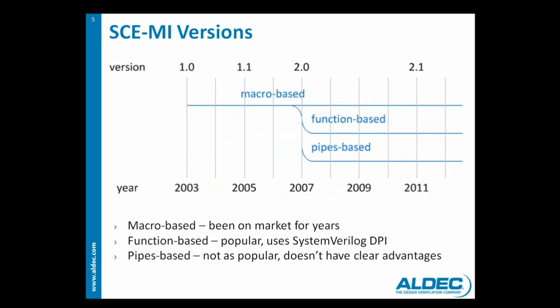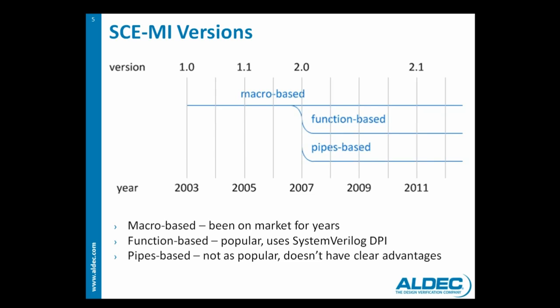Let us look into the types. What are the types that you can use in SCE-MI? The first one is macro-based, which was released in 2003. After 4 years, they released function-based and pipe-based.